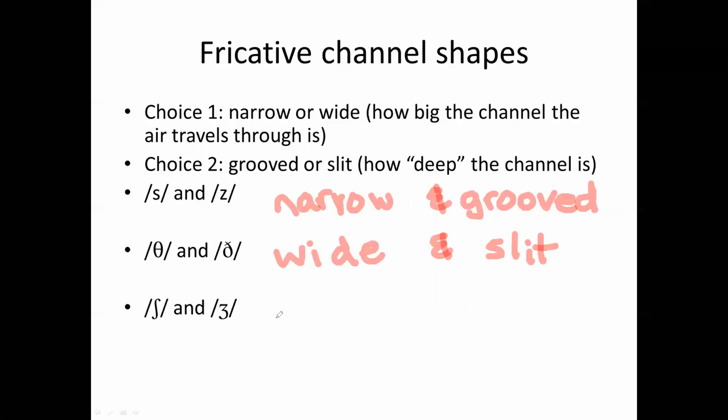And our postalveolar sounds, sh and zh, are produced with a narrow channel that is also relatively shallow, so it's more of a slit shape. All right, so that gives us our different channel shapes.